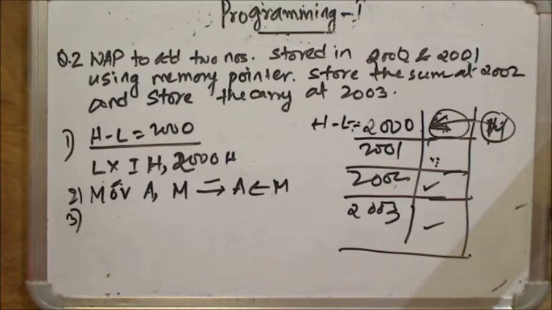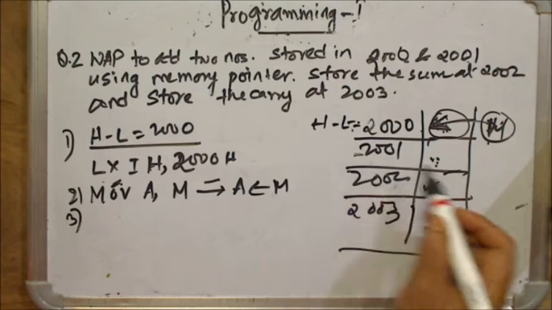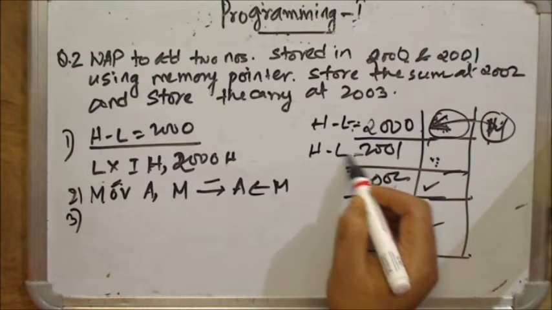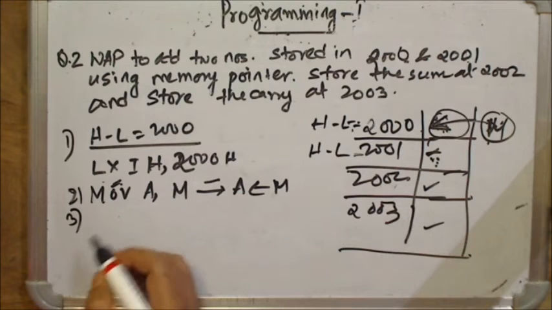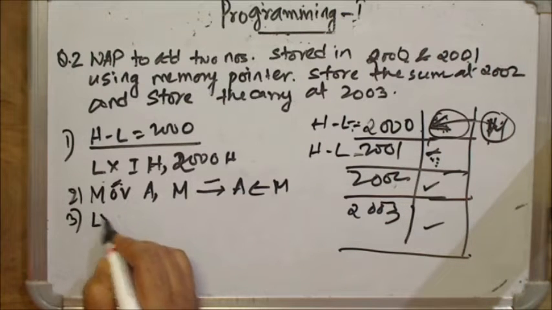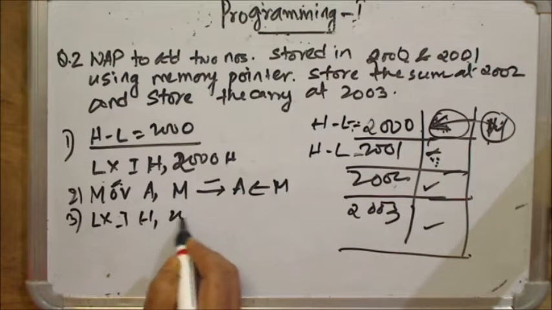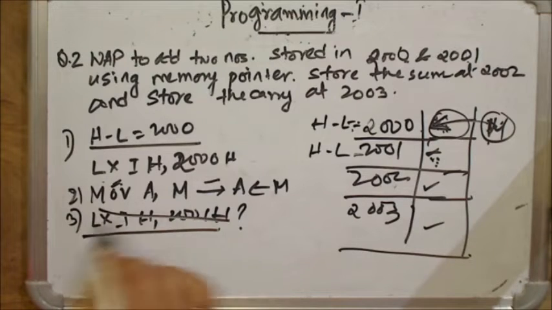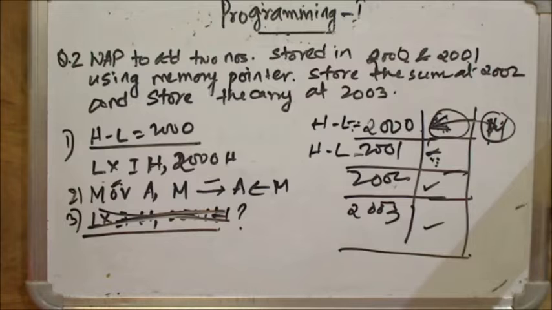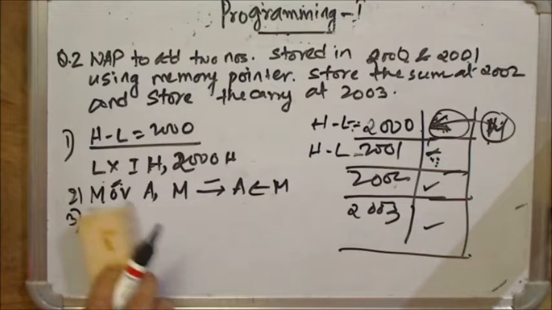What is the third step? To go to the next data, we have to go to the next memory location 2001. Now the HL pair should be loaded with 2001 to get the next data. So what should I do? LXI H, 2001? No, this is not the instruction we will use.